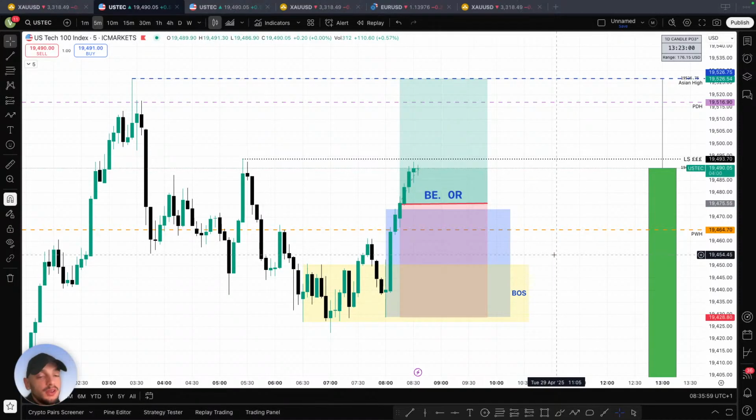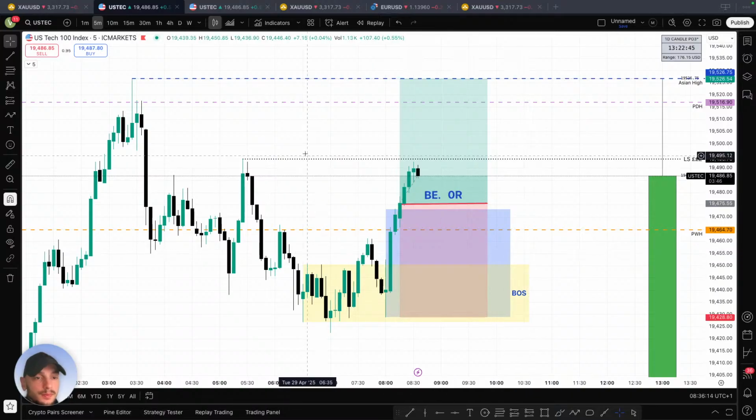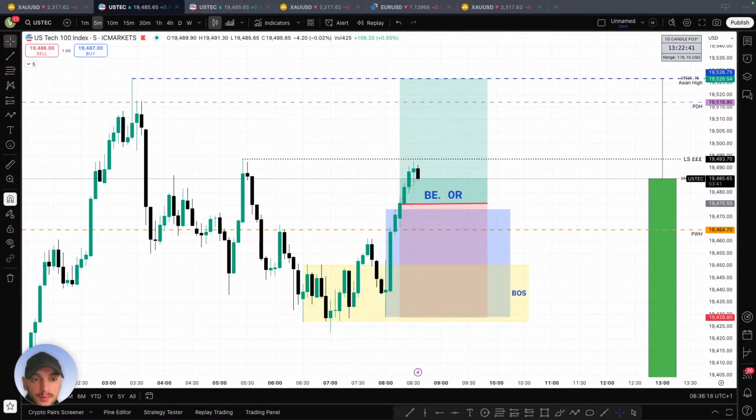You know, with the ORB, you want to see volume. You want to enter right after the breakout, and you want to see that spike. When the price starts playing like this, it's never a good sign.